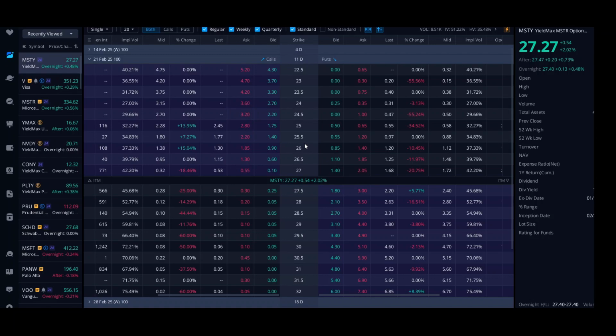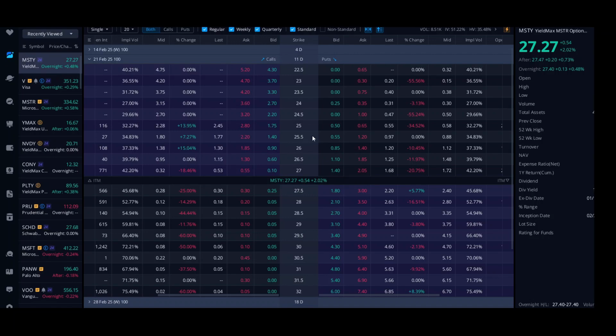I know that MSTY goes ex this week, but at the time I was just wanting a little more premium than it was willing to pay, because it was only one week out. So I made it two weeks out. Once it goes ex this week, I may look to sell another put on the ex date, and that should pay me a little more premium if I do one close to the money.